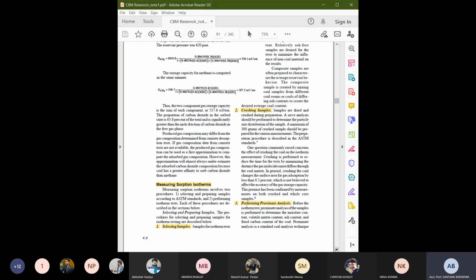And immediately after collection of the coal chunks having shining coal surfaces, you have to wrap them with bubble wrap so as to preserve the equilibrium moisture at that temperature, pressure and depth condition. Otherwise, the moment you take it out to the surface, the moisture which is supposed to stay there is also going to evaporate.